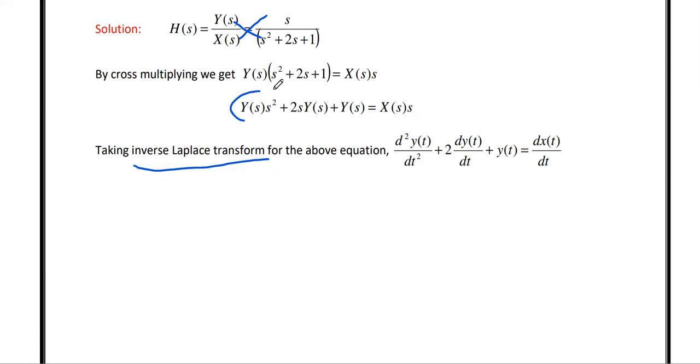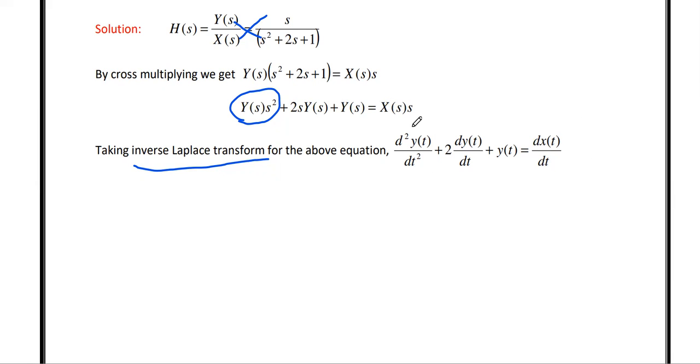So what is the inverse Laplace transform of s squared into Y of s? According to the differentiation property, it is the second derivative of y of t, so d squared y of t by dt squared, plus 2 into the inverse Laplace transform of s into Y of s, which is dy of t divided by dt, plus the inverse Laplace transform of Y of s, which is small y of t, equal to s into X of s, whose inverse Laplace transform is dx of t divided by dt.